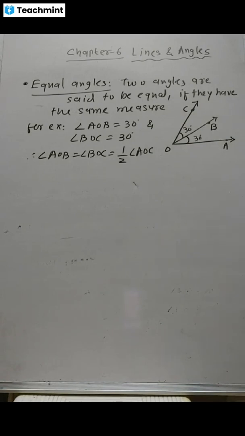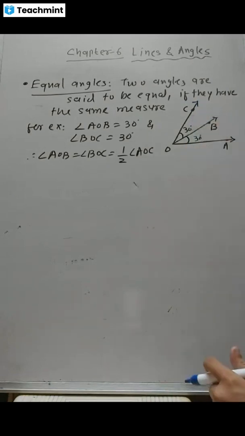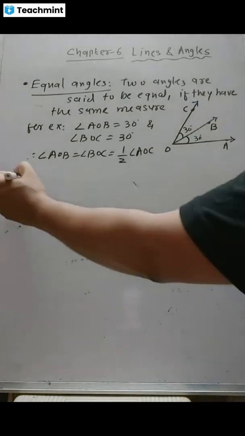Both angles are equal, and that is also called an angle bisector of an angle.